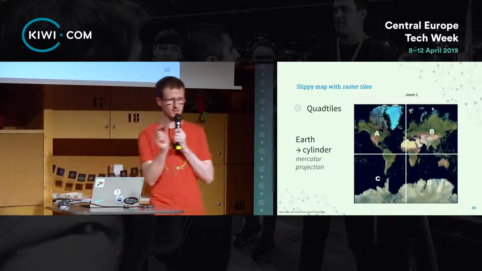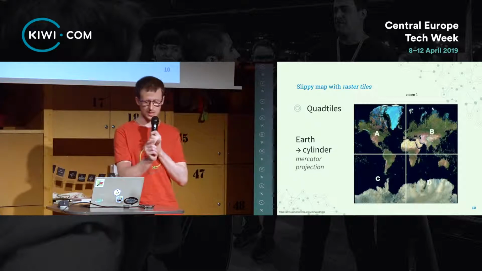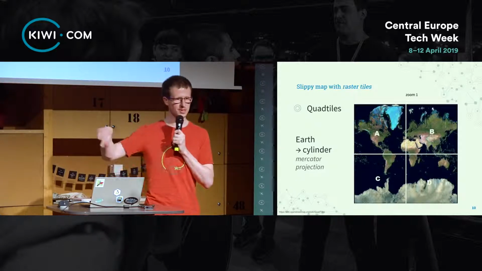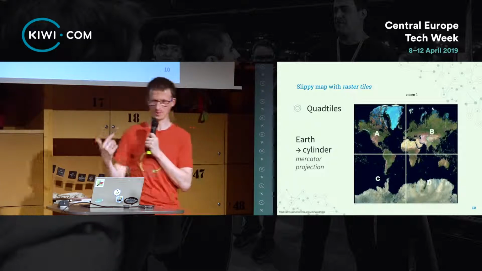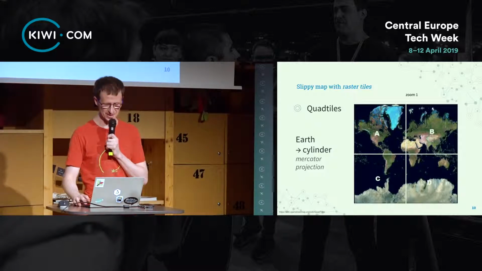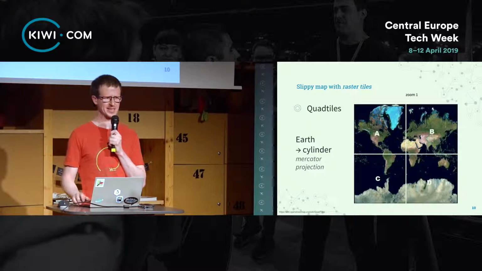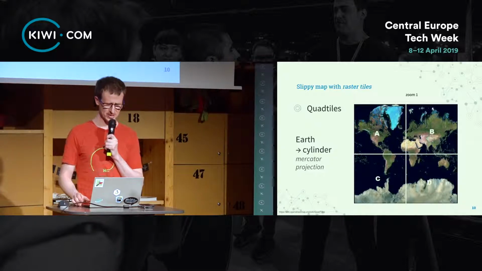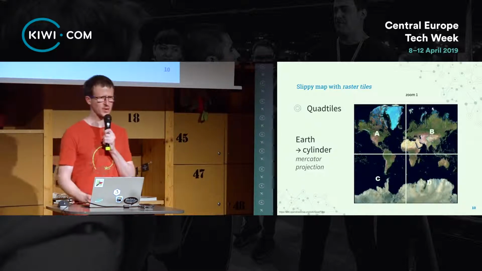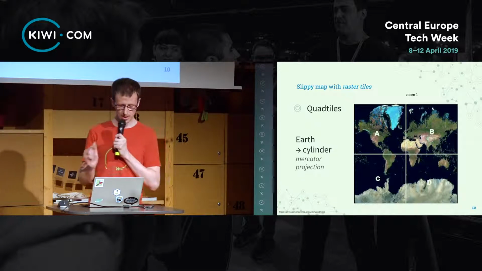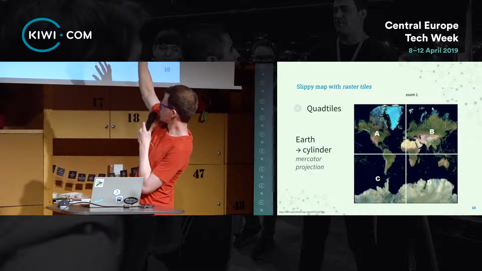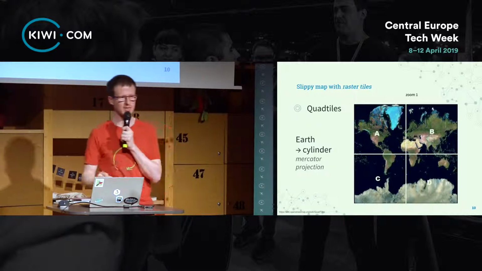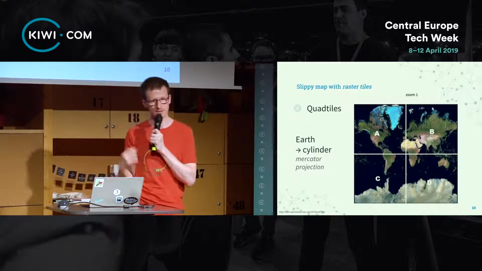The North Pole turns into a line which is as long as the equator, the middle line on Earth. So this really makes the Earth look different, and the only sizes which are really okay are the ones in the middle, and everything in the top seems bigger than it is. So if you think that Africa is really big, in fact it's even bigger.